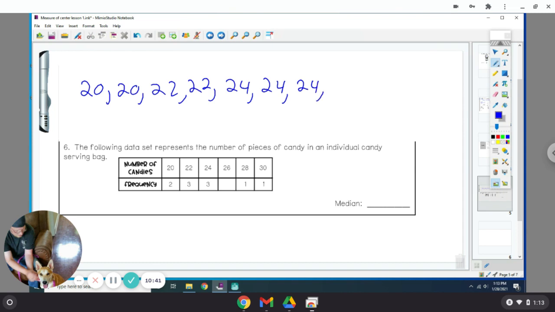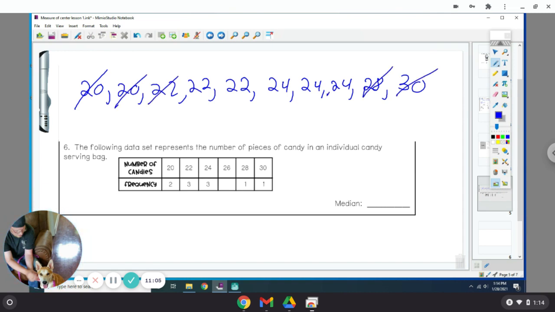Oops, there's supposed to be another 22 right here, because I misread that. There's supposed to be 3 22s. And then 3 24s, 1 28, and 1 30. So now we're going to find the median of that. We're going to cross off 1, left, right, left, right, left, right.